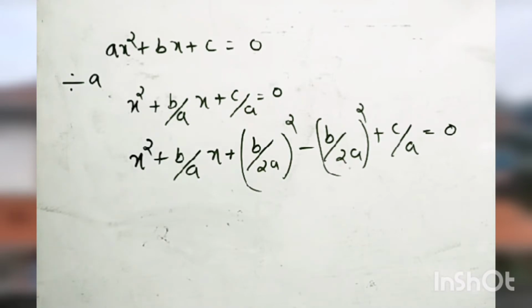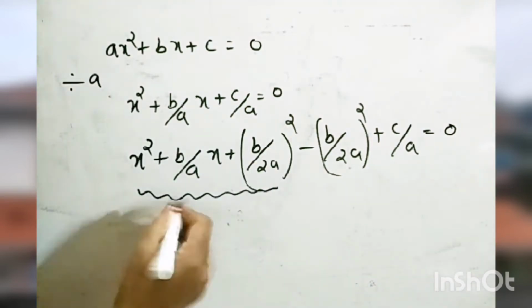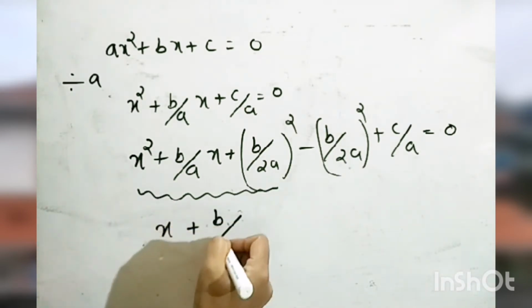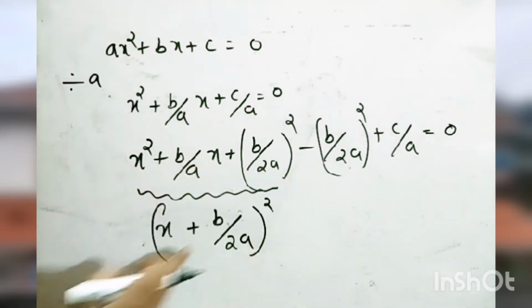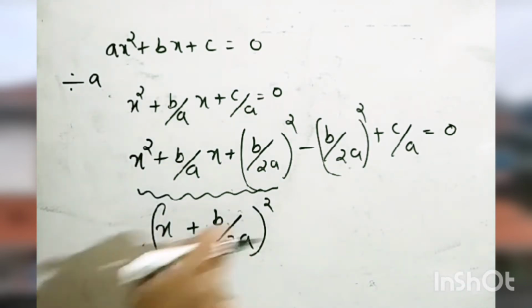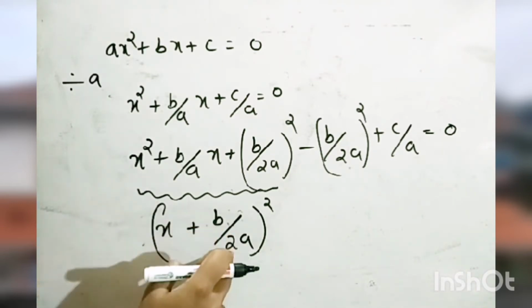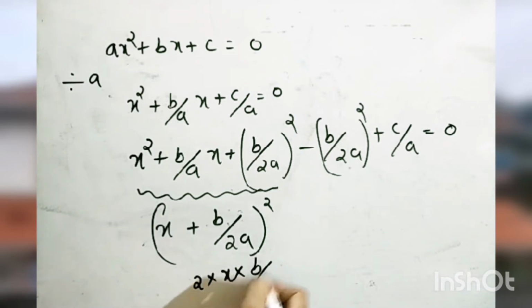What is this b by 2a? That b by 2a is half of the coefficient of x. Now just look at the first three terms. That is actually x plus b by 2a all square. Just expand it by using a plus b all square: x square, b by 2a all square and 2 into x into b by 2a.